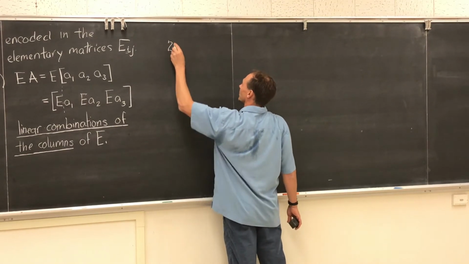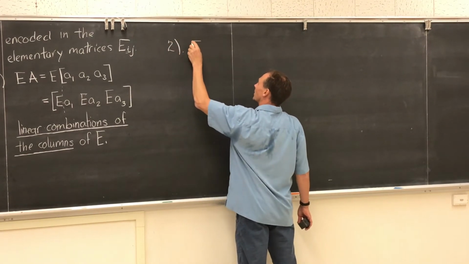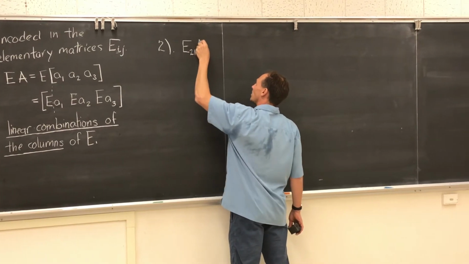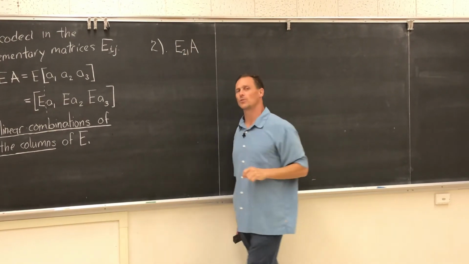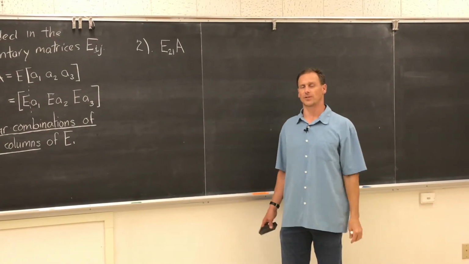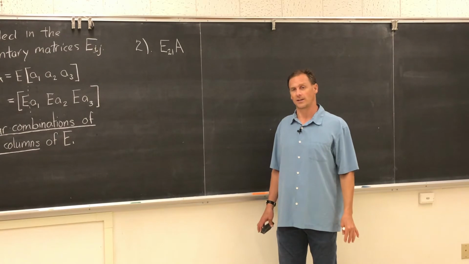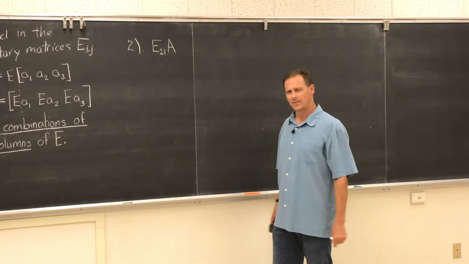The second way is this. Let's say we had the matrix E21 times A. And we're going to just assume that these are 3 by 3 matrix examples, so these aren't proofs, these are more for understanding. Well, what did this do?